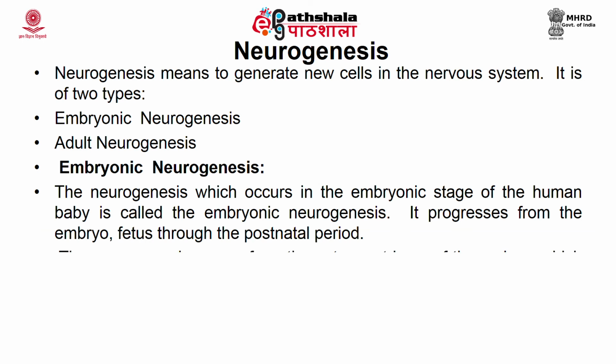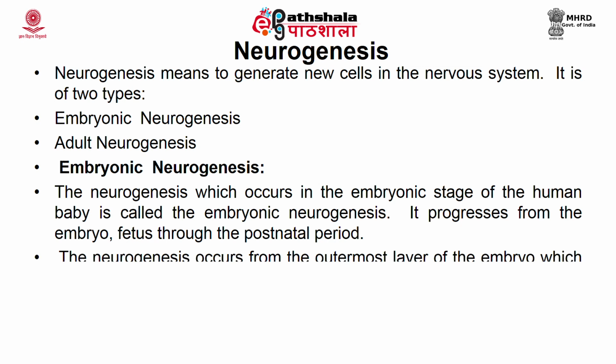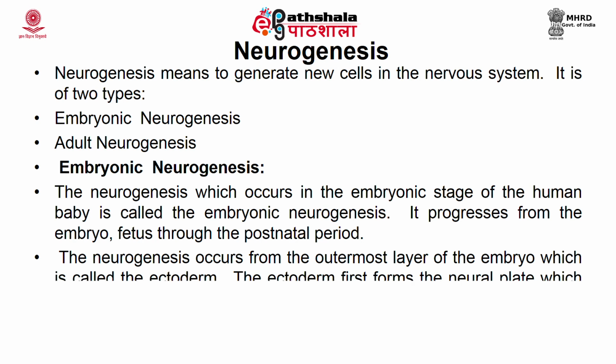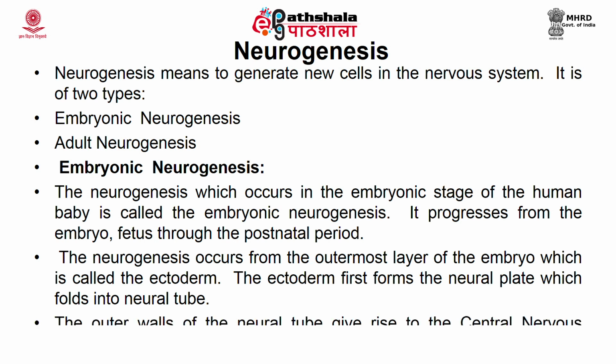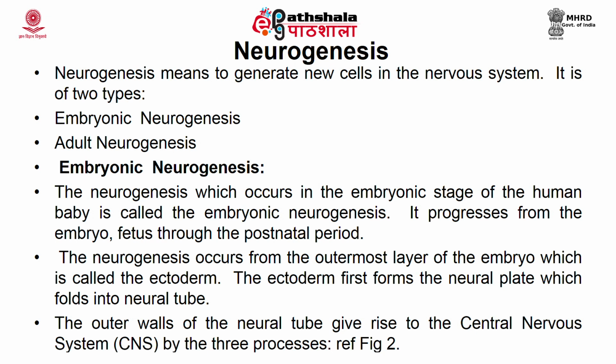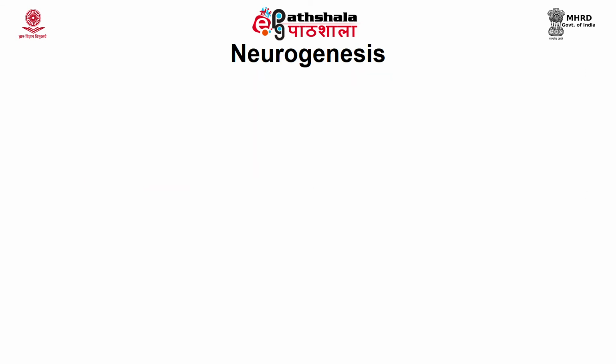The neurogenesis occurs in the outermost layer of the embryo, which is called the ectoderm. The ectoderm first forms the neural plate, which folds into the neural tube. The outer walls of the neural tube give rise to the central nervous system by 3 processes: the cell proliferation, cell migration and cell differentiation.